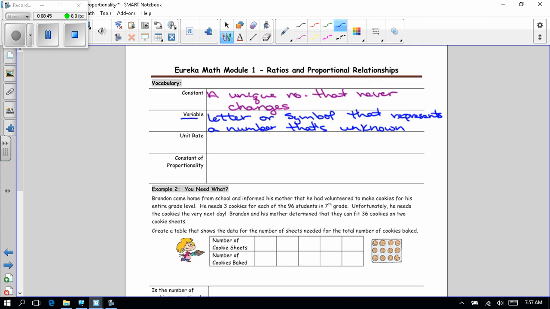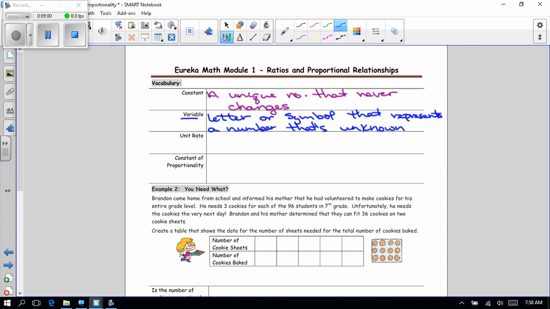So now that it's unknown, it does vary. It can change, okay? In one time, it could be the number 3. Another time, it could be the -7.